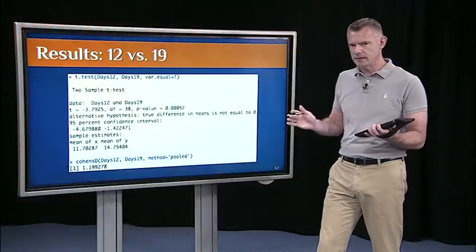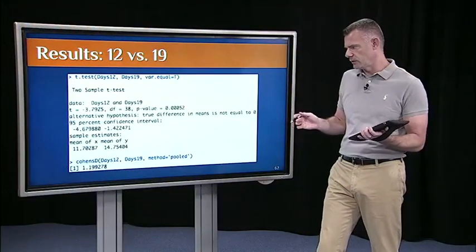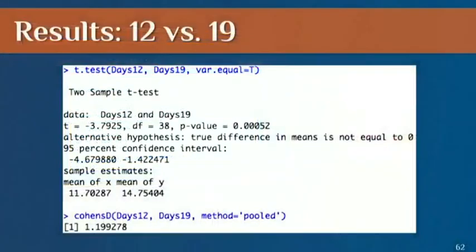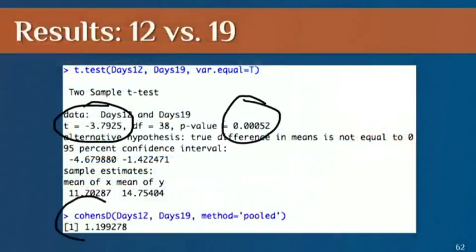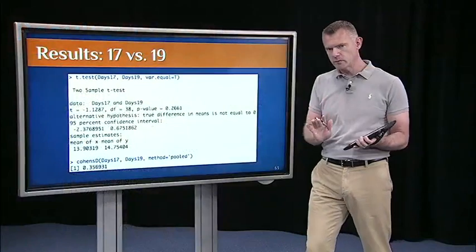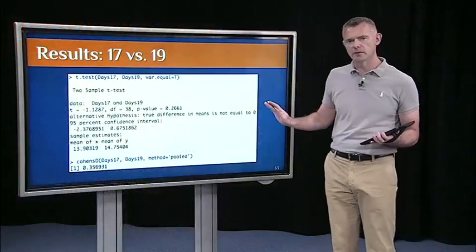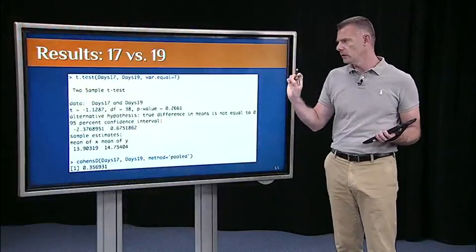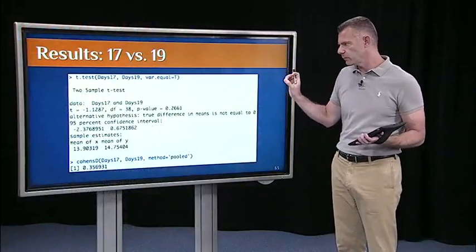12 versus 19, this is also going to give us a really strong effect. So a t of 3.79, low p-value, again, nice effect size. This last one is a little different, right? Because these are the last two, 17 and 19.